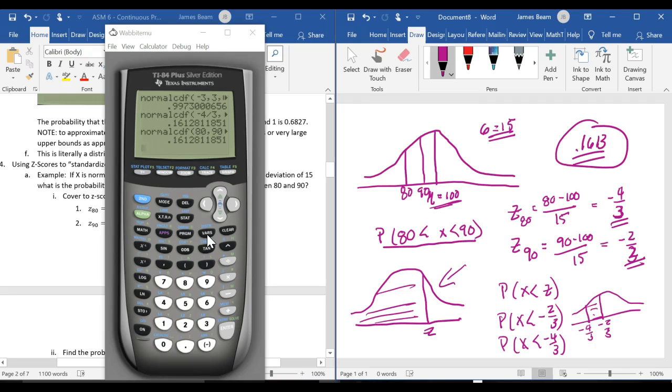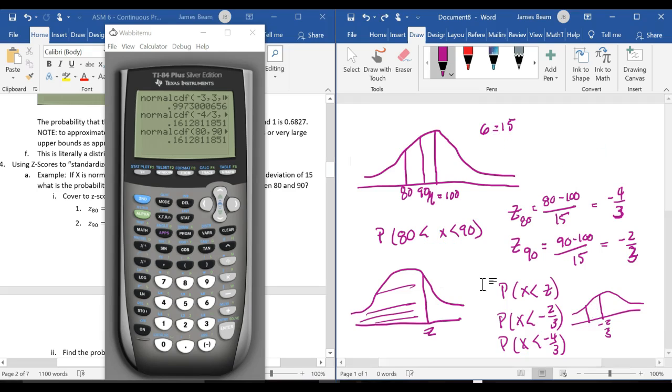So if you have a curve that's either standard normal or just a normal curve with a given mean and standard deviation, you can literally feed these values into the calculator and come out with the given results. So there you have it.